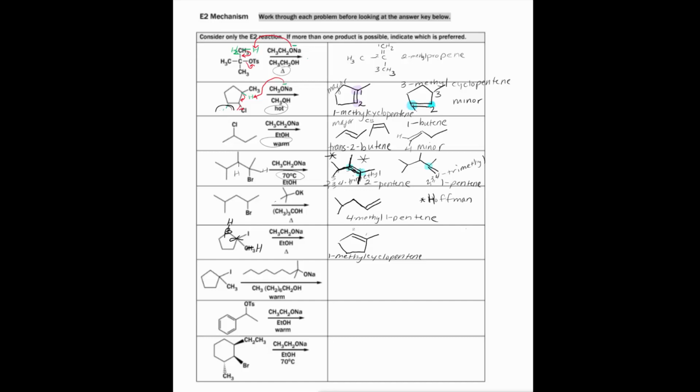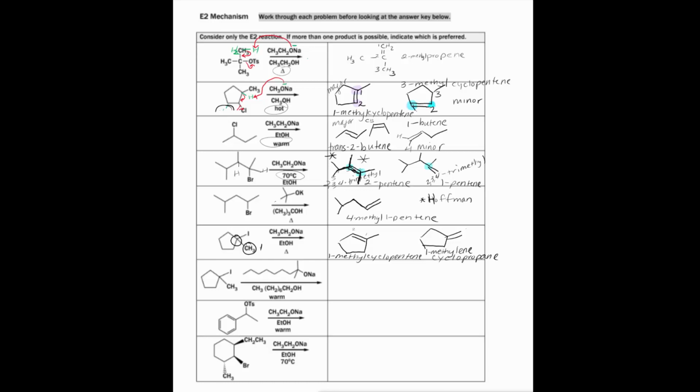Now, the other beta hydrogen is on the methyl group, and that means we're going to form a new pi bond between the alpha and this beta carbon, which would look like that. So we would call this 1-methylenecyclopropane.